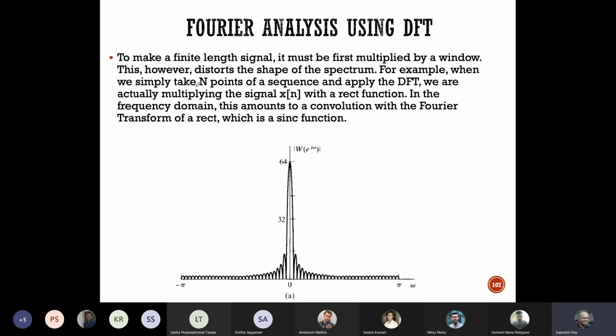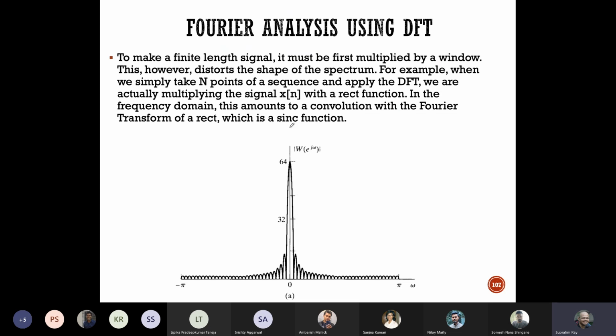So when we simply take the N points of a sequence and apply the DFT, we are actually multiplying the signal with a rect function. In the frequency domain, it amounts to a convolution with the Fourier transform of a rect, which is a sinc function, which looks like this.